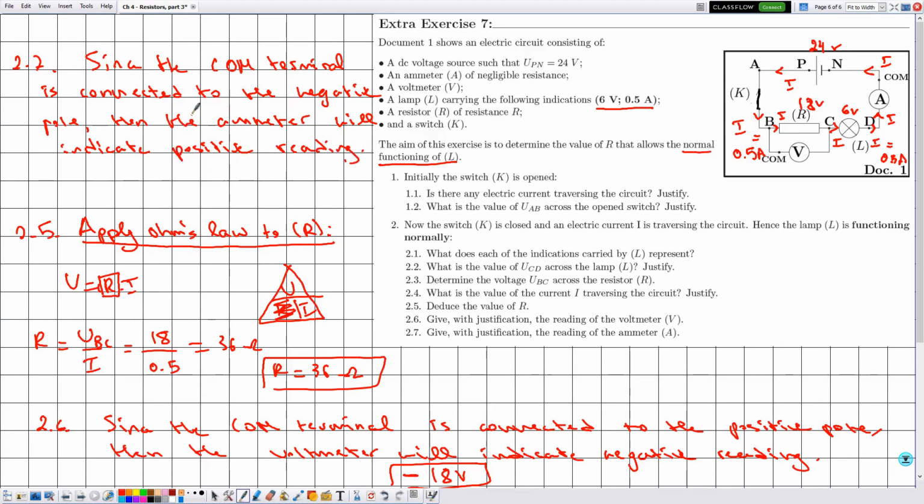So it is not enough to specify whether it indicates positive or negative. We need to specify the value. This is positive. What about the value? It measures 0.5 amperes.